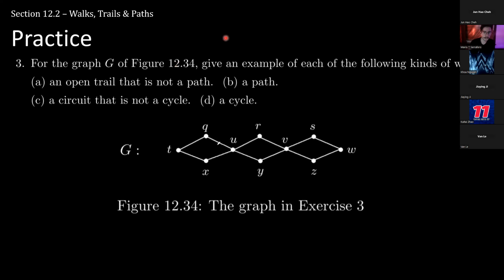Okay, someone said here Y, U, Q, T, X, U, okay, yeah, there you go.